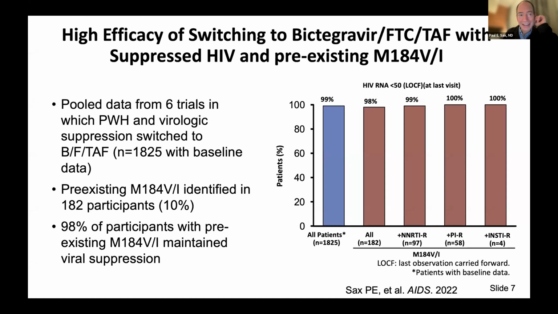This was a paper that we could put together due to the diligence of the virology group at Gilead, because they accumulated all of these cases who were in switch studies who had either a historical M184V or had M184V from archived genotypes, and found that essentially everybody who was switched to bictegravir FTC TAF maintained viral suppression.